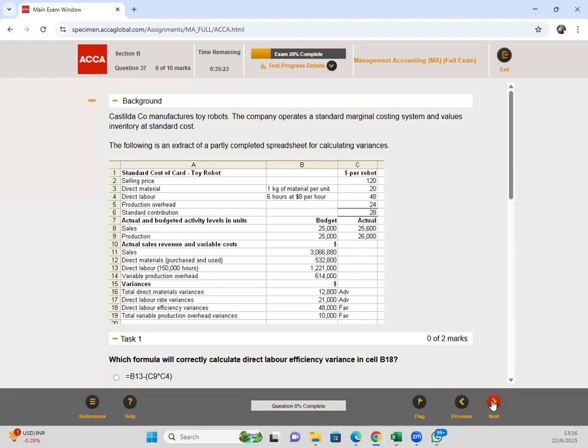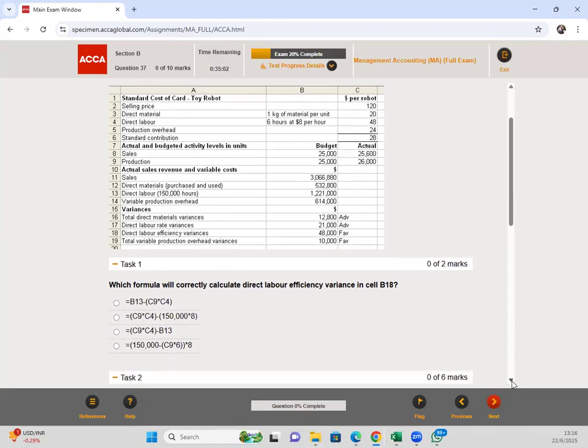The following is an extract of a partly completed spreadsheet for calculating variances. Which formula will correctly calculate direct labor efficiency variance? In cell B18, direct labor efficiency variance.